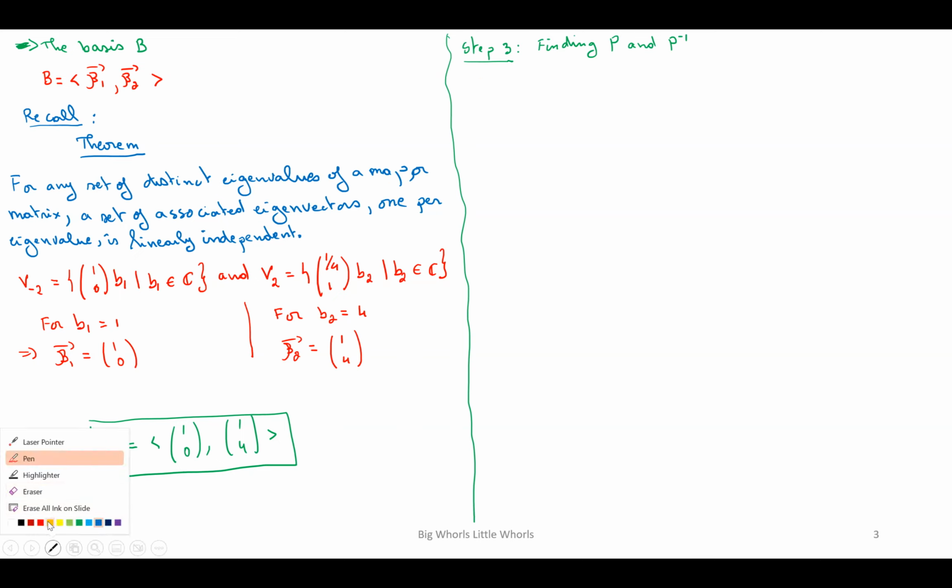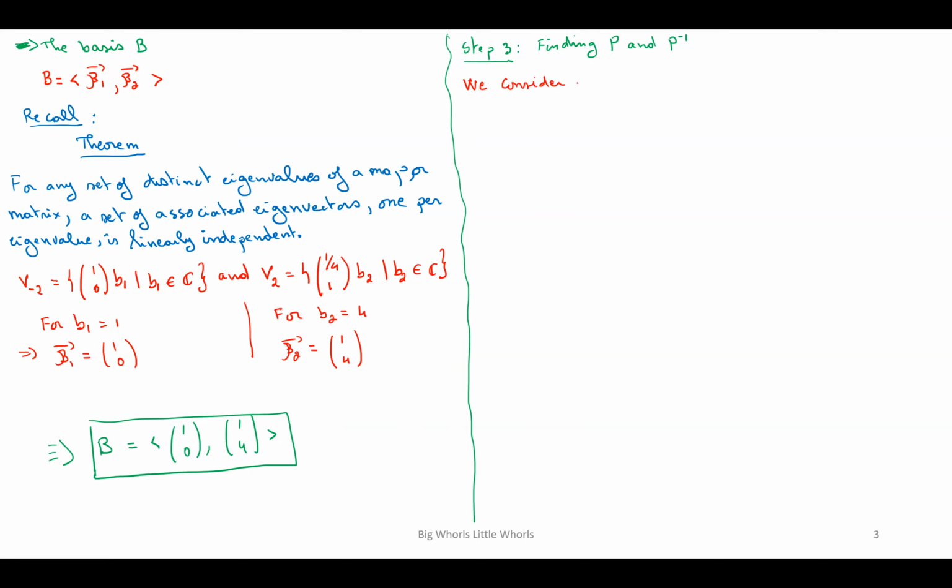Here we are going to consider T as the representation of the transformation with respect to the standard basis, because any matrix can be considered as a representation of the transformation with respect to the standard basis.